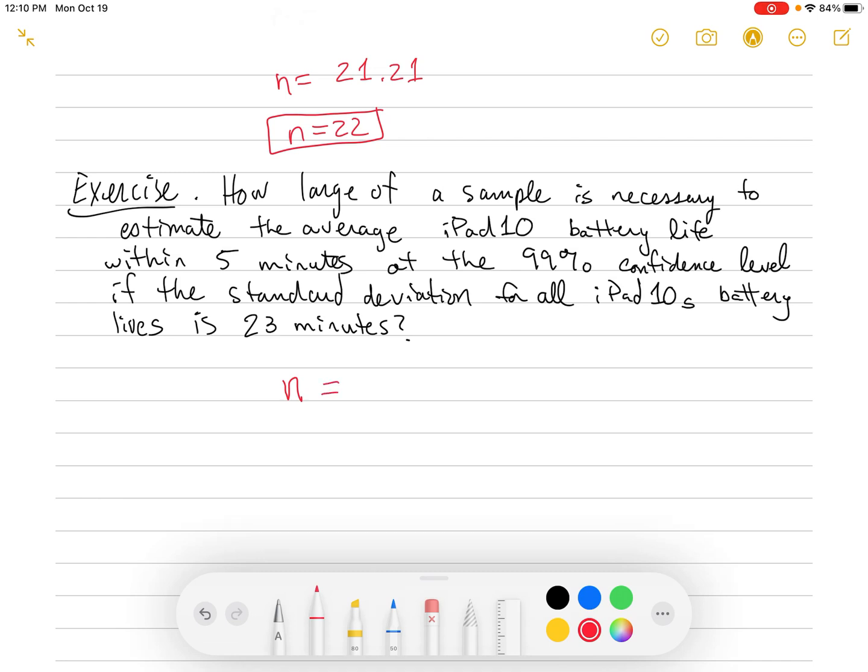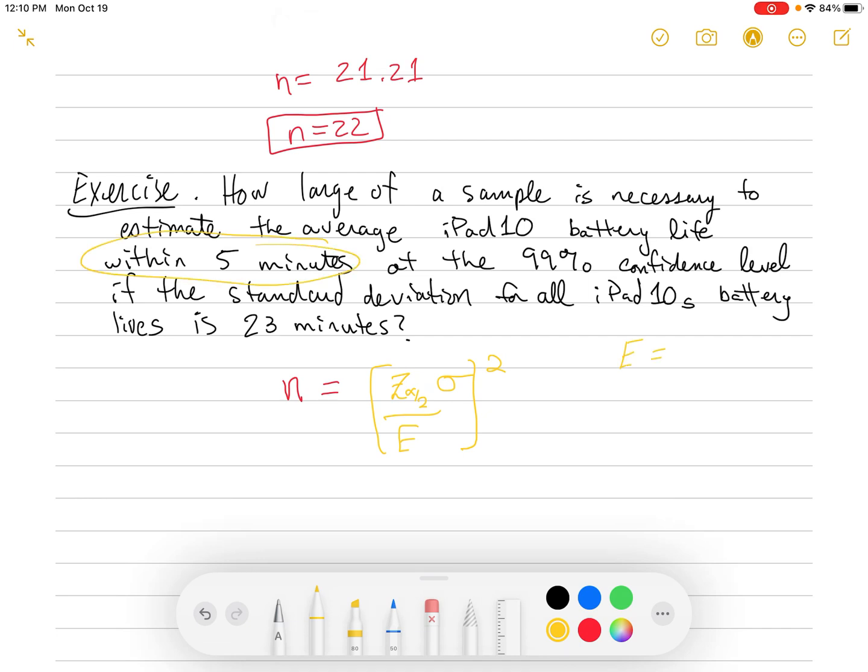We're going to use our formula for sufficiently large sample, n equals, what did it go like? You take the critical z-score, z alpha over 2, times the population standard deviation, sigma, divided by the margin of error. You're going to square all that.